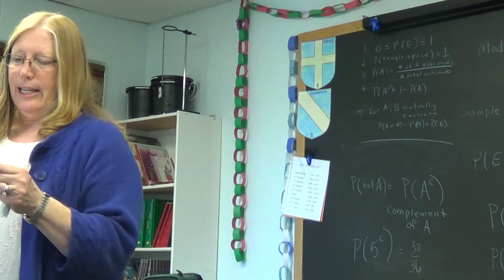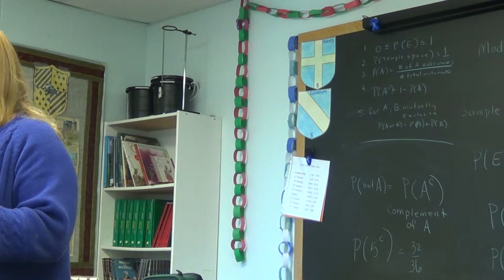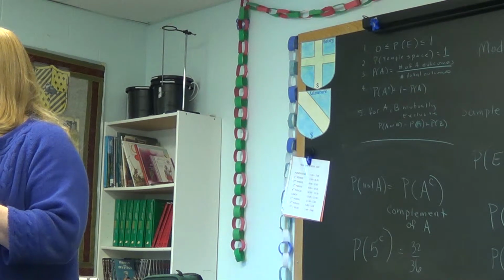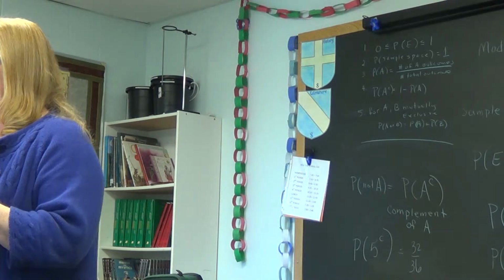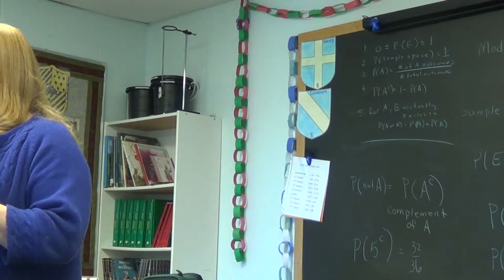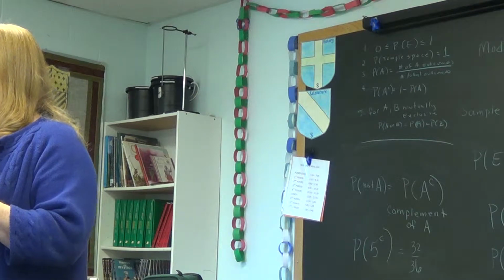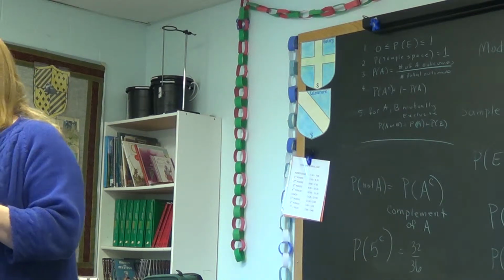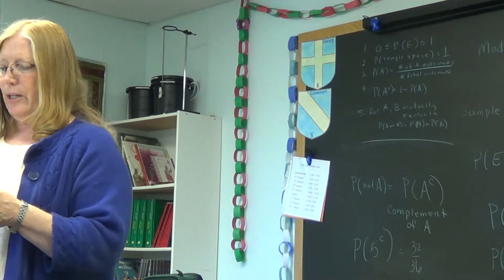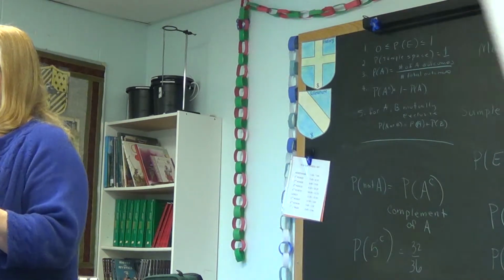All right, let's look at the next example. We have adults with cholesterol, and you're considered A if your cholesterol was 240 or above. And you're considered B if you're between 200 and 239.